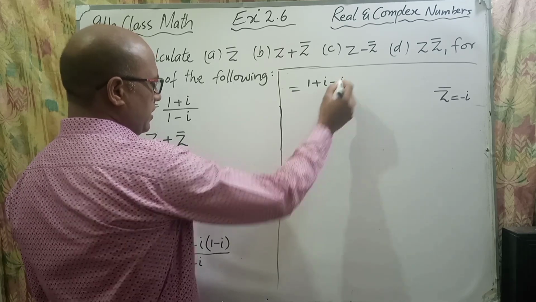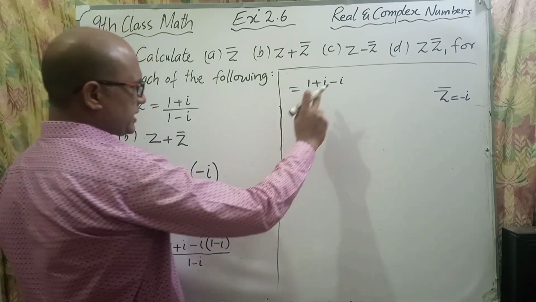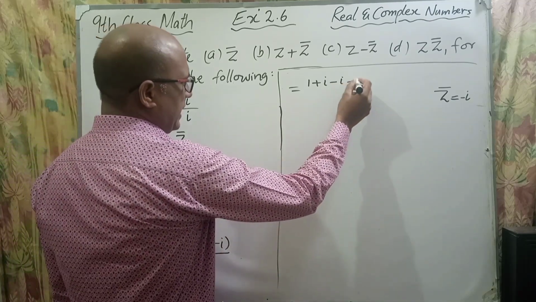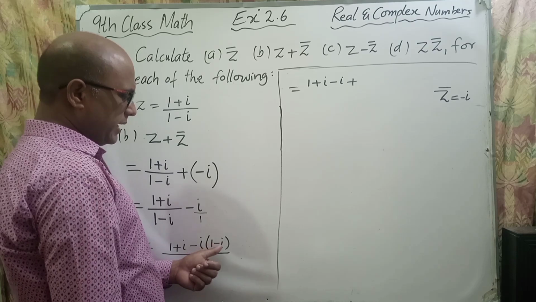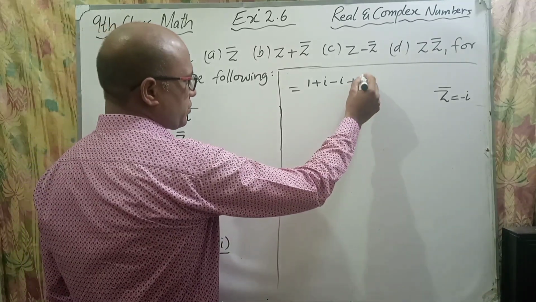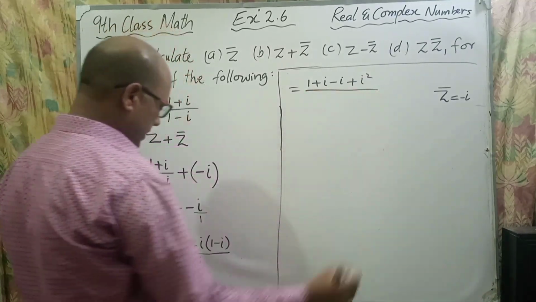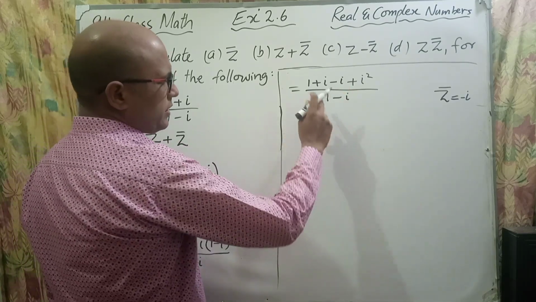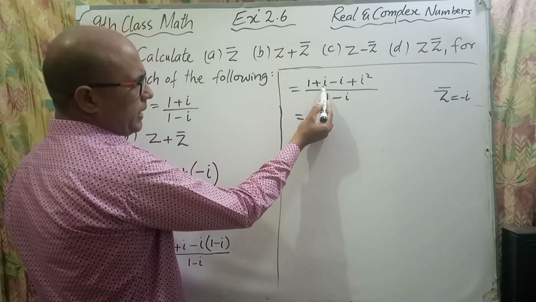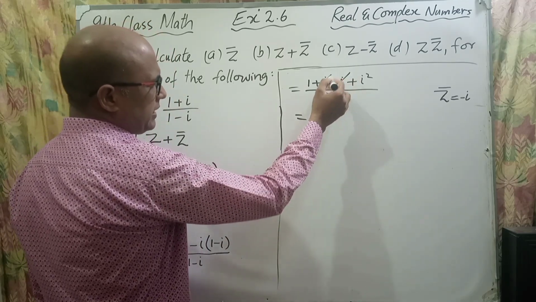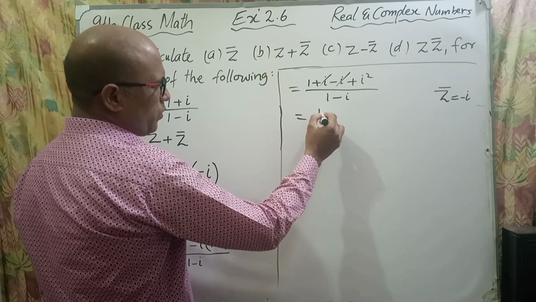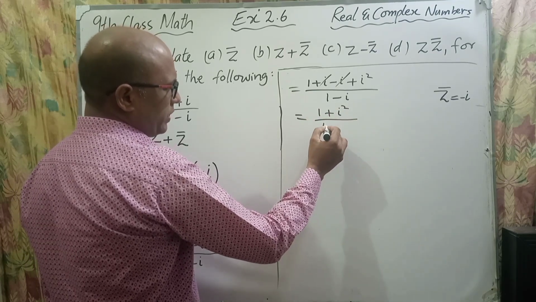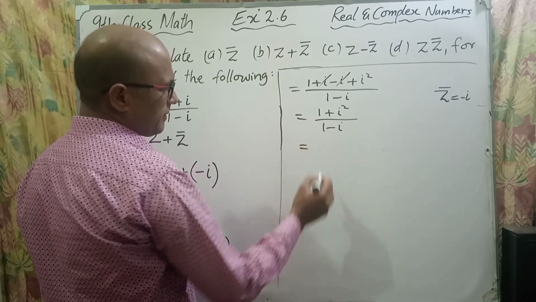Minus iota, ones are minus iota, and minus minus plus, iota into iota is iota square, divided by 1 minus iota. So students, this plus iota and minus iota will be cancelled, and 1 plus iota square will be left over 1 minus iota.